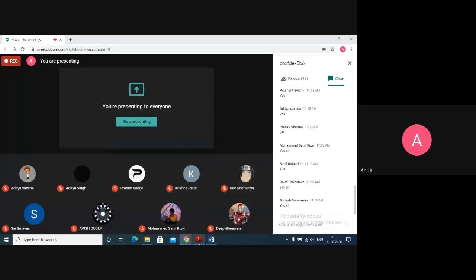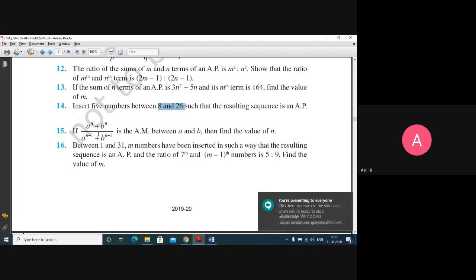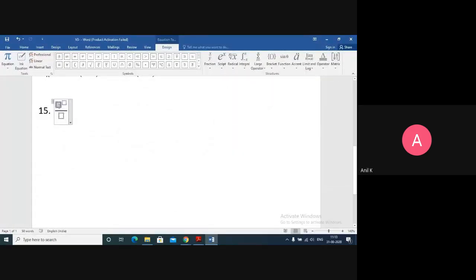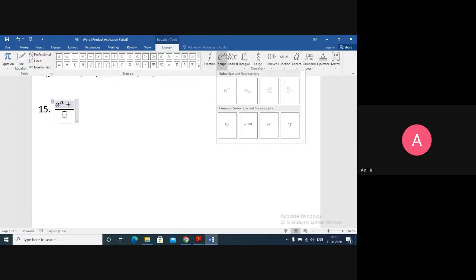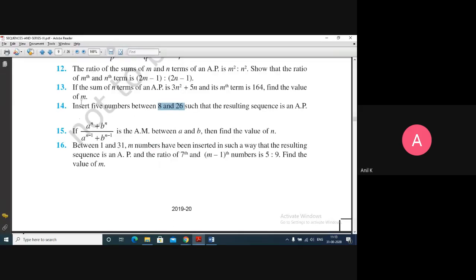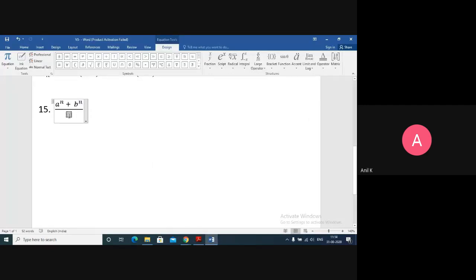What is the question about? a to the power of n plus b to the power of n upon a to the power of n minus 1 plus b to the power of n minus 1.